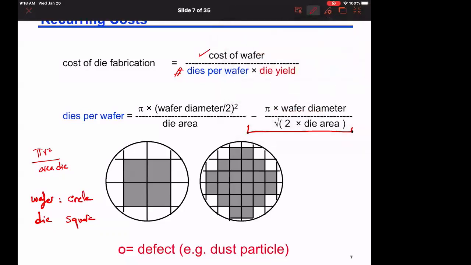It is related to pi times the diameter, which is the circumference, divided by √2 times the die area, which is somehow related to the sides or the diagonals of the die. So we find the number of dies per wafer by dividing the wafer area by the die area and compensating for the difference in the shapes.